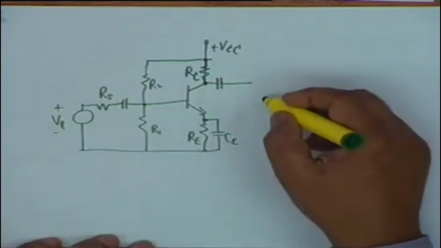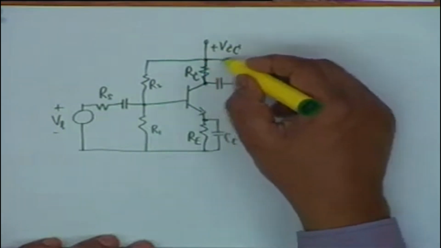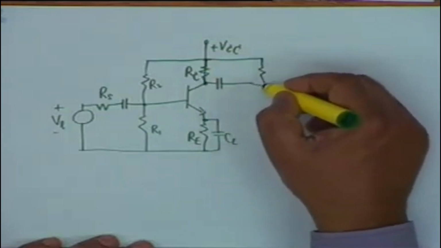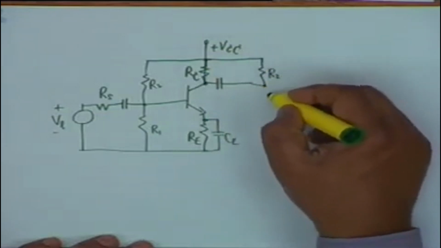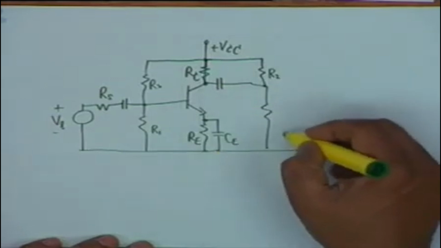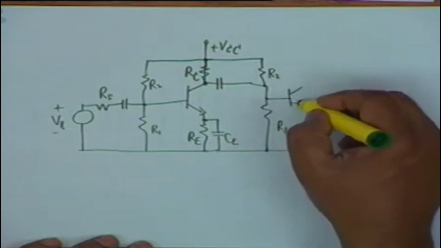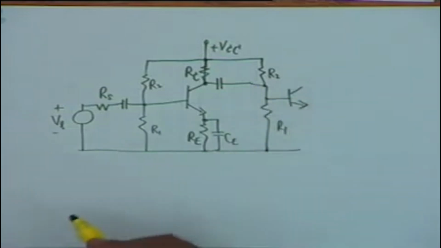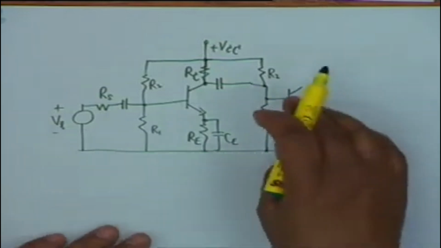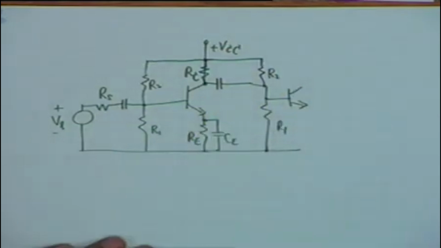Then it is coupled to the second stage by a capacitor, R2. Let us say they are identical stages, R2, R1. Then you have the base. We do not use an extra load here because the second transistor acts as a load to the first transistor.